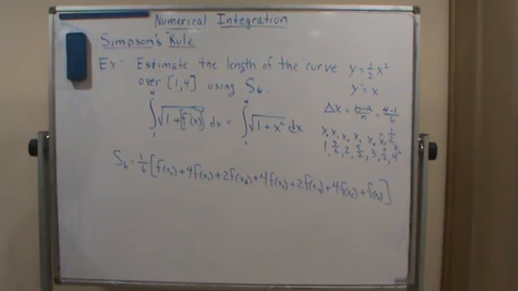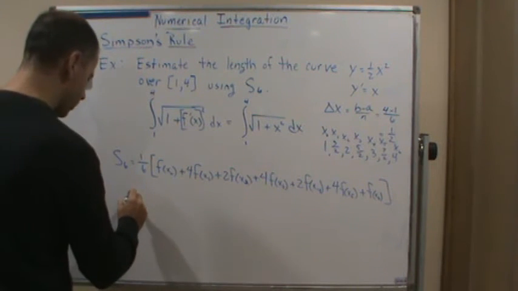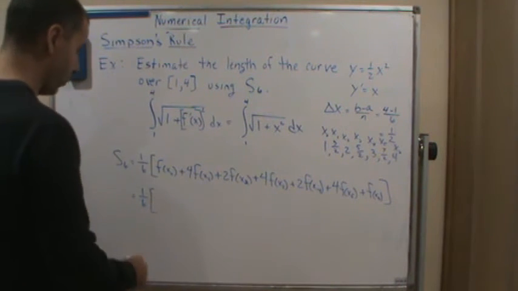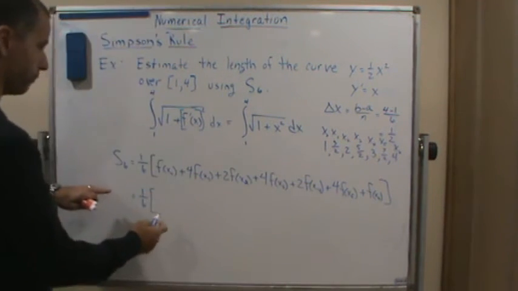Now, this is then going to be what? 1/6 times, well, now we're going to evaluate this at each one.